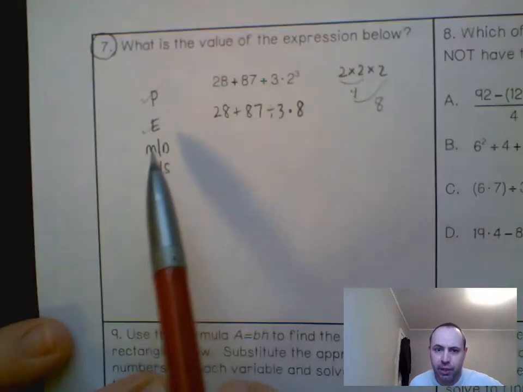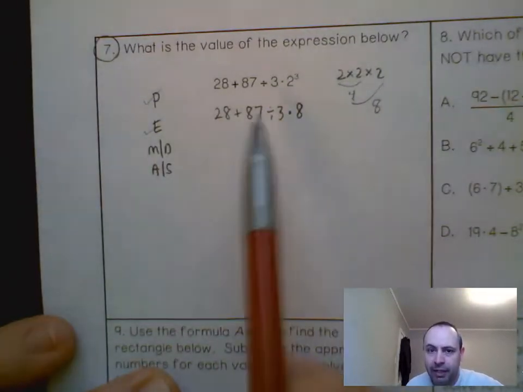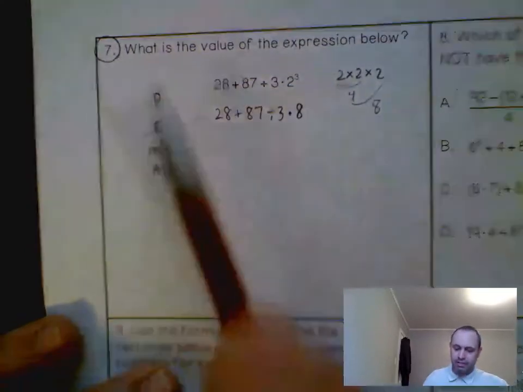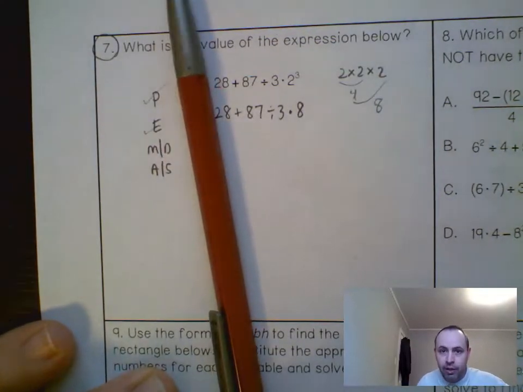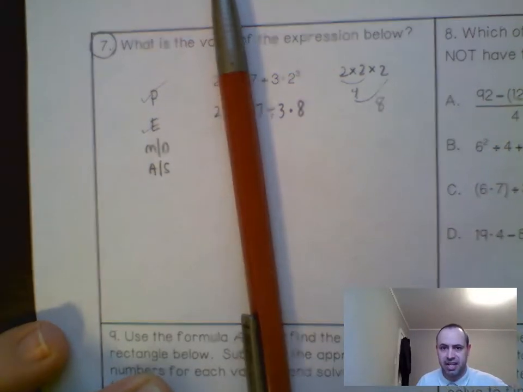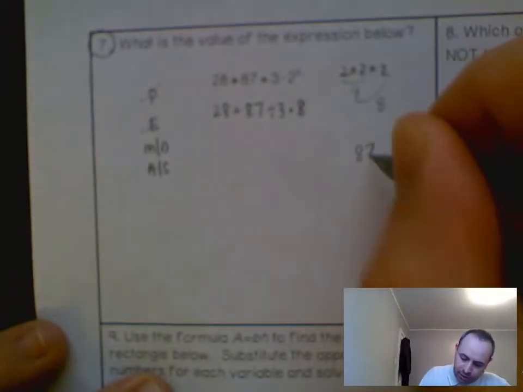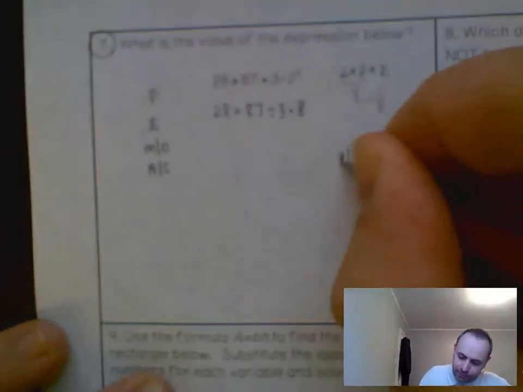They're tied, so whenever there's a tie, we have to move like you read a book from left to right. So in this case, if you move the pencil this way, the first one you hit between the tie is 87 divided by 3. Okay, so we got to come over here, do 87 divided by 3.